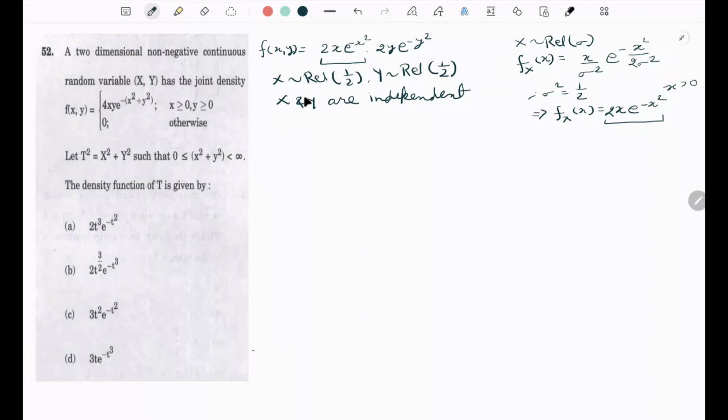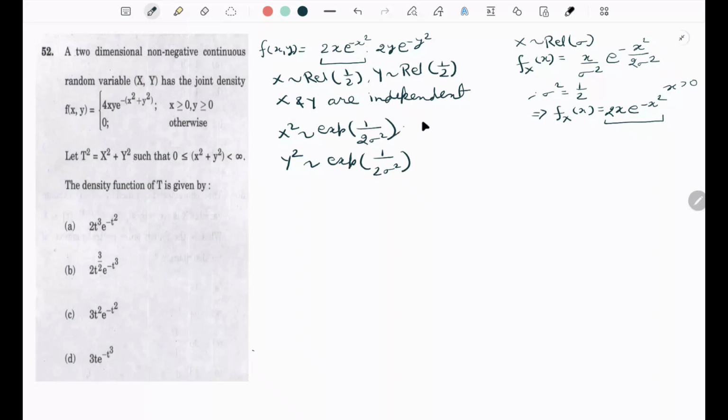So if X follows Rayleigh distribution, that means X² will follow exponential distribution with parameter 1/(2σ²), and Y² will also follow exponential distribution with the same parameter.